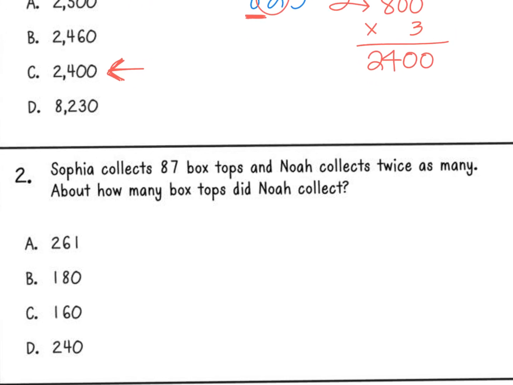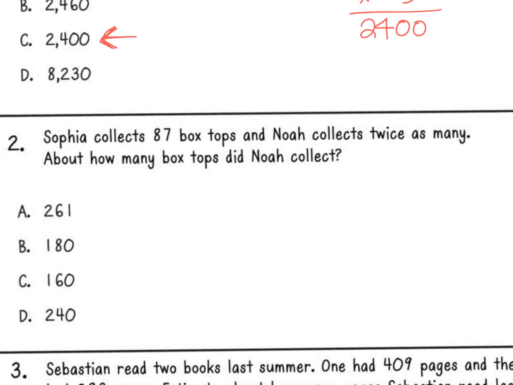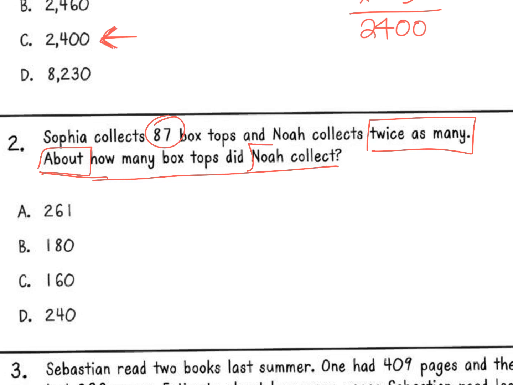Okay, number 2 says Sophia collects 87 box tops and Noah collects twice as many. About how many box tops did Noah collect? Okay, so what could I do on this one? I could round 87 to what? 90. Yeah, 87 could round to 90.